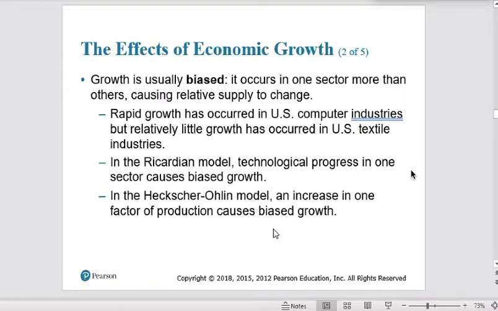So when we have better technology, when we have better tools, then our productivity increases, right? So for example, in a factory, if we have better machines, if we have better algorithms, computer software that can manage the production more efficiently, then we will have more output, right? So why is output biased? Why?